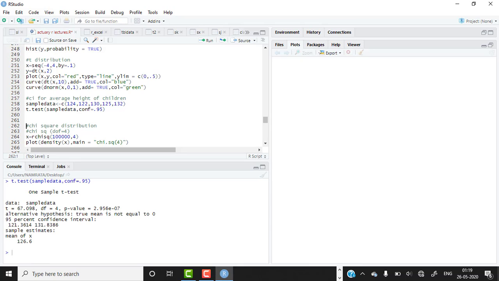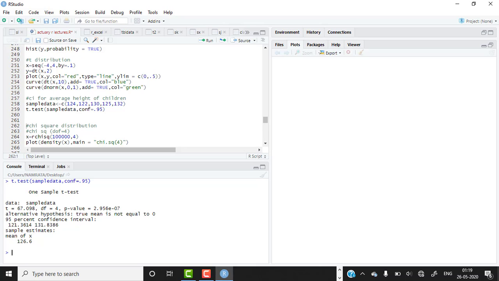Now you got the results of the one sample t-test. Here the degree of freedom is 4, and the p-value we have got is this. We are going to use it in hypothesis testing that we will see in the later classes.